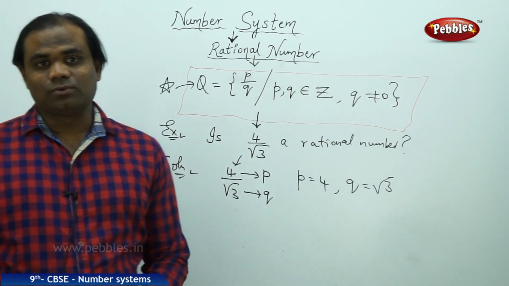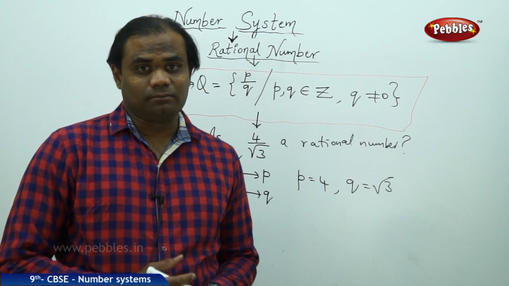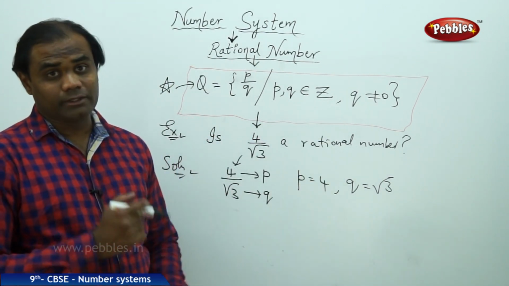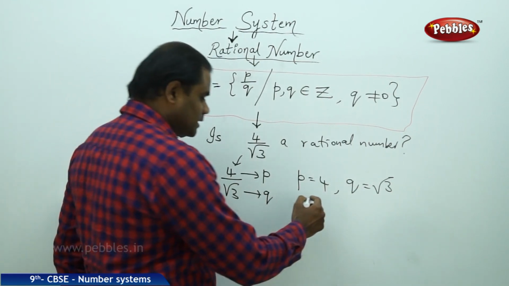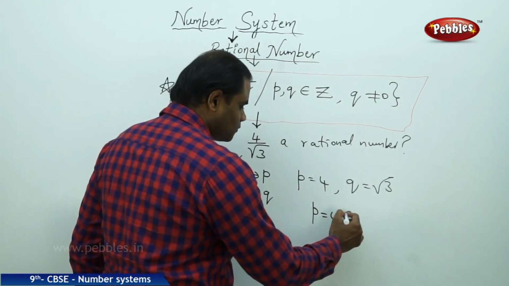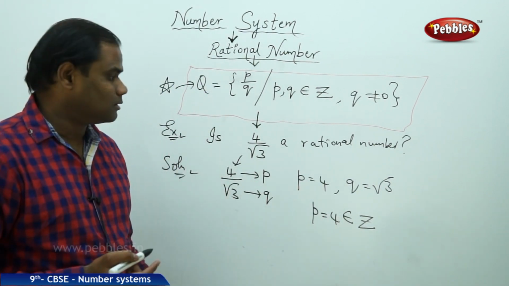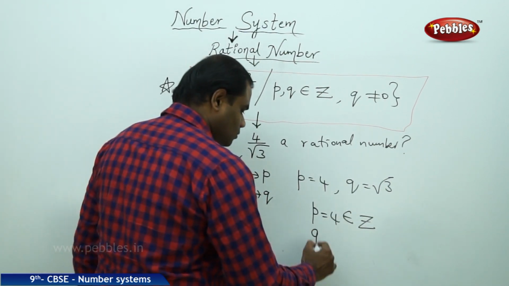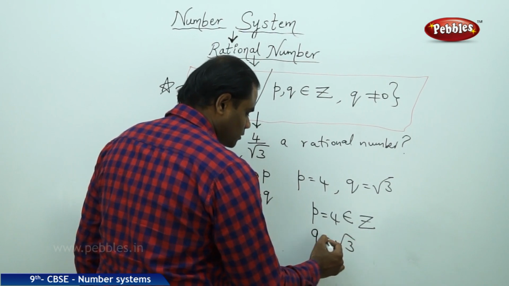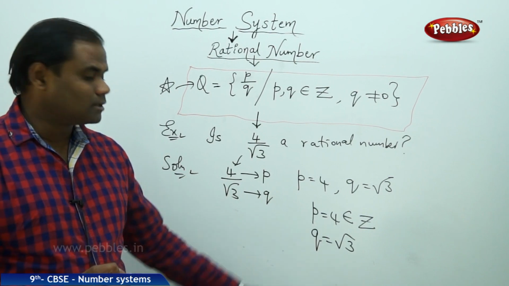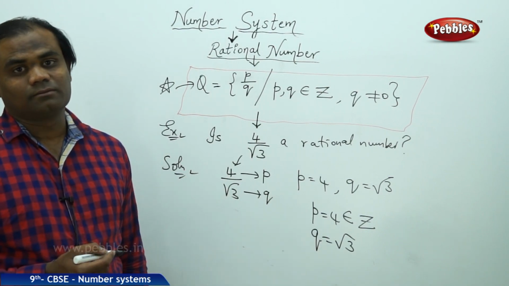Now let's try to go through test number 1, where I have to see that both are integers. Clearly I see P is equal to 4, an integer because its denominator is 1, but Q is equal to root 3, which cannot be expressed as a numeral over 1.